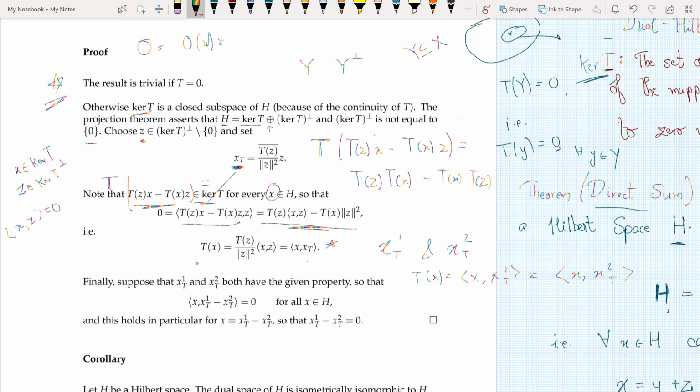Now if I have two xt's satisfying this condition, then I take it to the other side, and minus this thing is equal to 0. Once I have this equation, then I can prove the uniqueness. So hence proved.